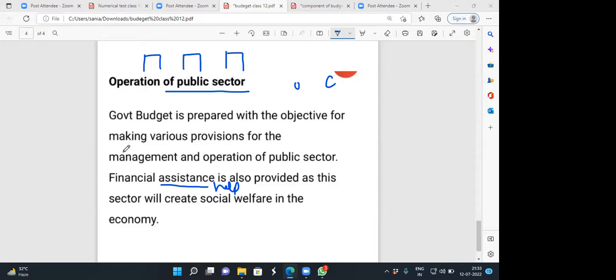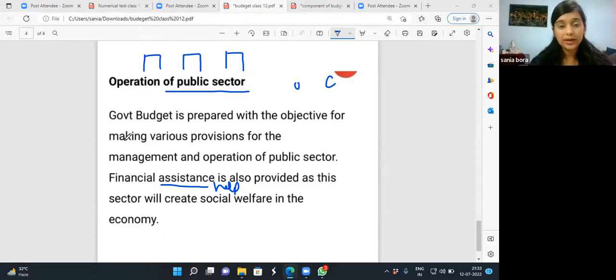So what I told you is that the government budget is always prepared with the objective that the government has to operate and manage the public sector. And how does the government do that? The government provides financial assistance to this sector. And why are they providing this financial assistance? To create social welfare in the economy, because the main motive of the government is to provide social welfare.